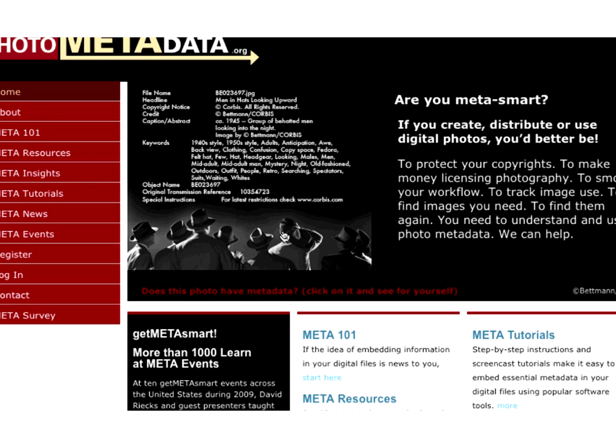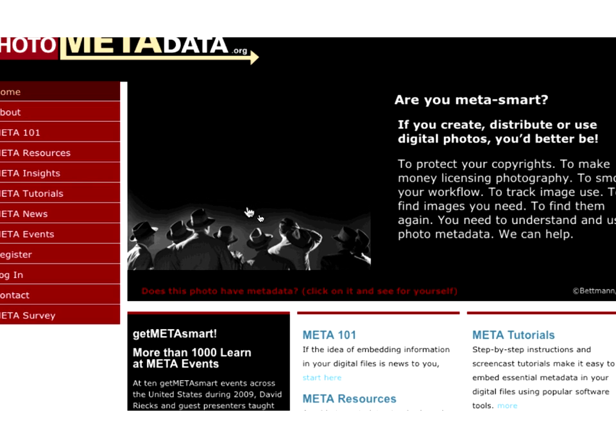Credit, Fetterman, that was another archive that Corbis purchased. Caption, abstract, has a year and what it is. Then all the keywords. Look at all these keywords. The object name, the original transmission reference, and special instructions, all in behind the picture.